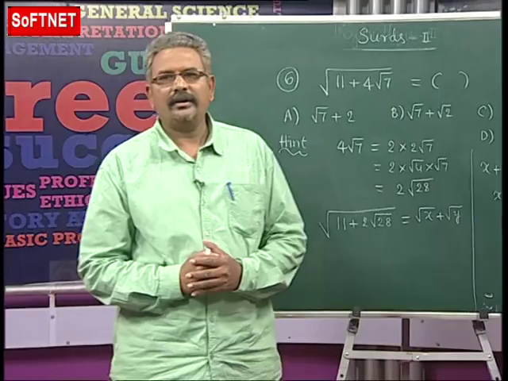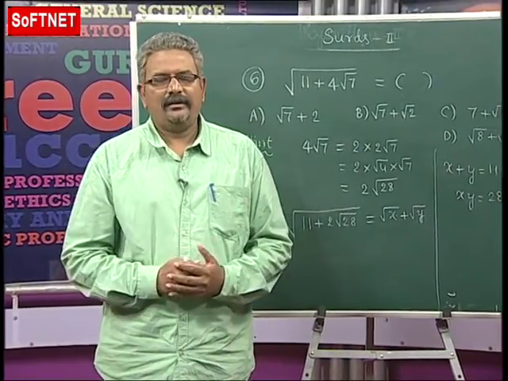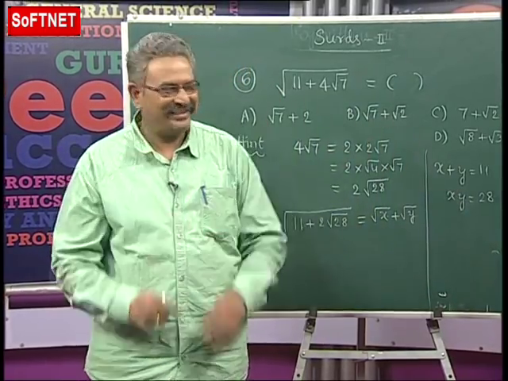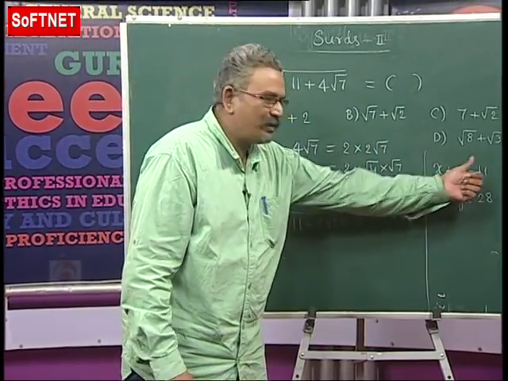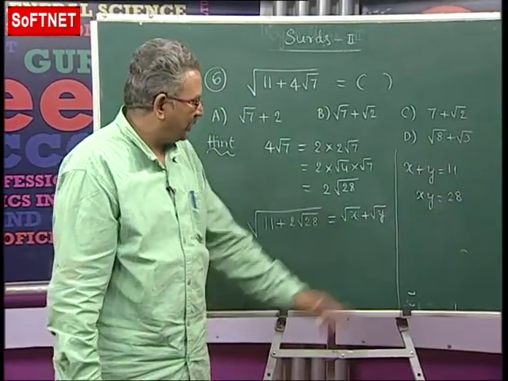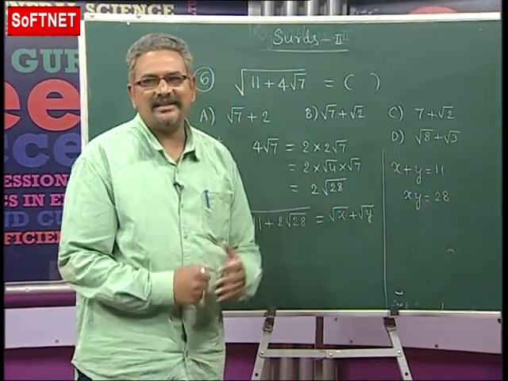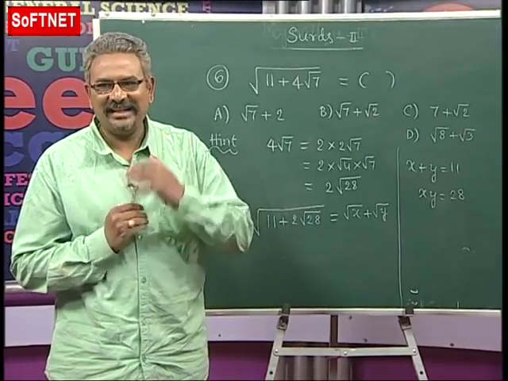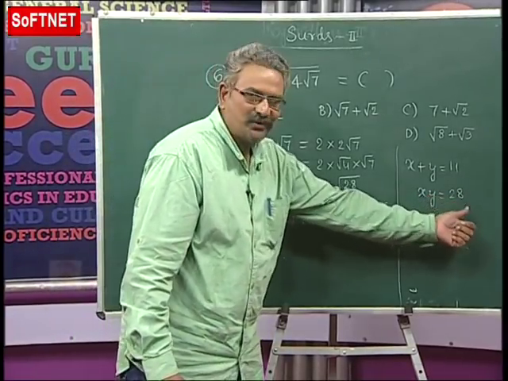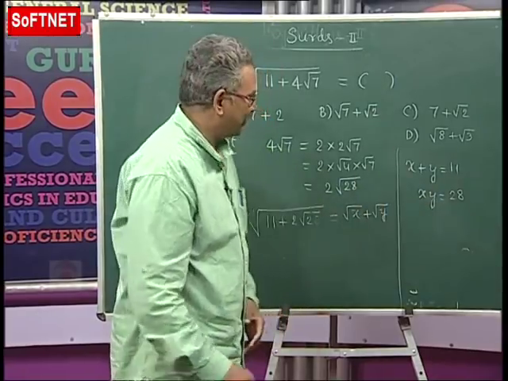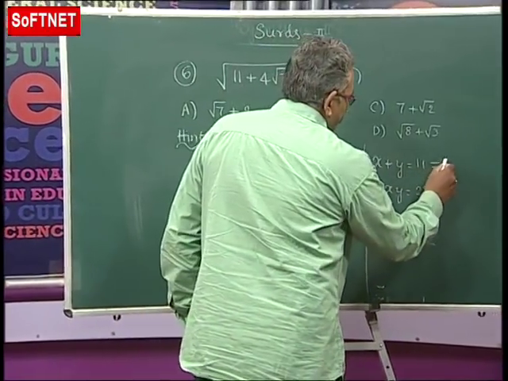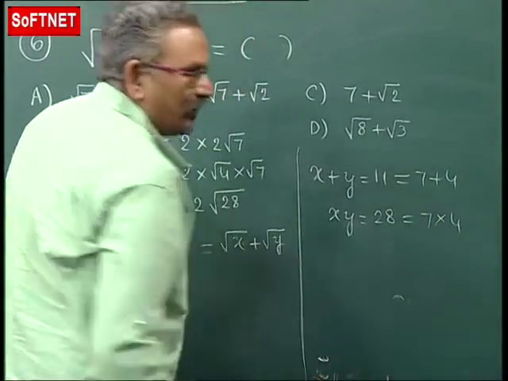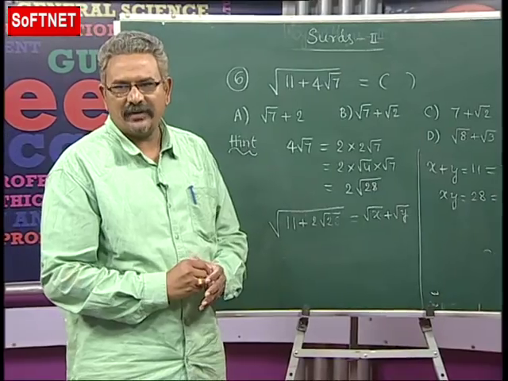Now, let us pose a question ourselves. The sum of two numbers is 11, product of two numbers is 28. What are such numbers? You see, it's very clear. 7 into 4, 28, 7 plus 4 is 11. So this can be written 7 plus 4, 7 into 4. Do you expect what is x and what is y?